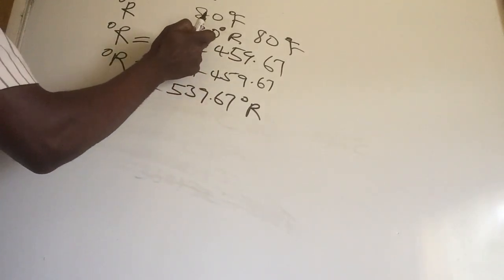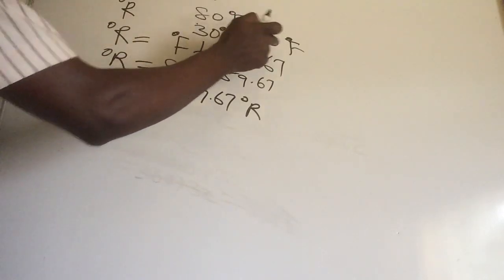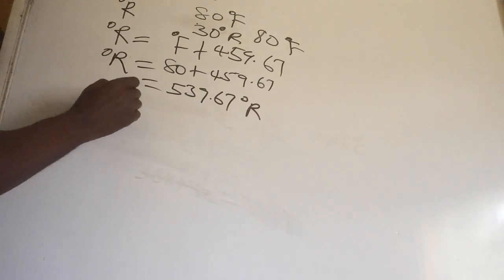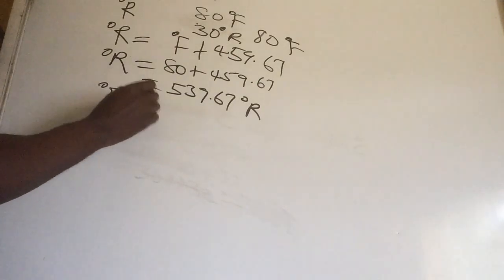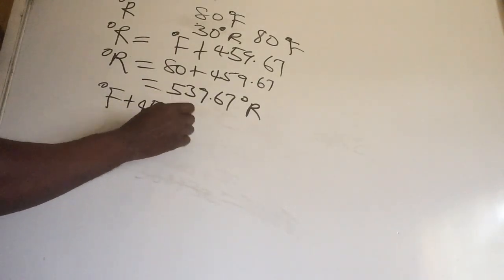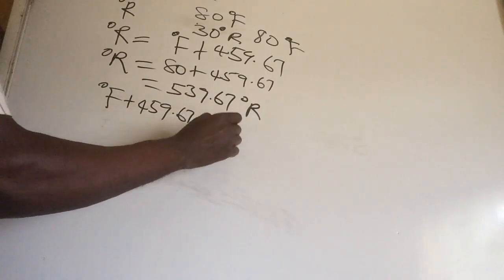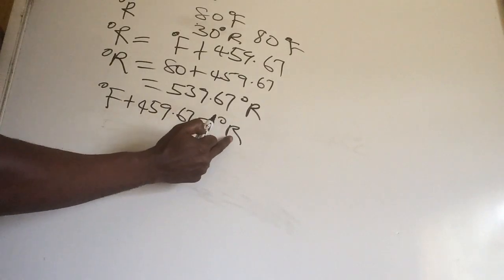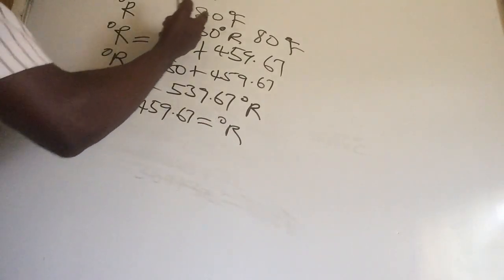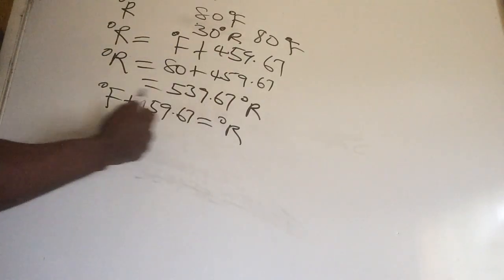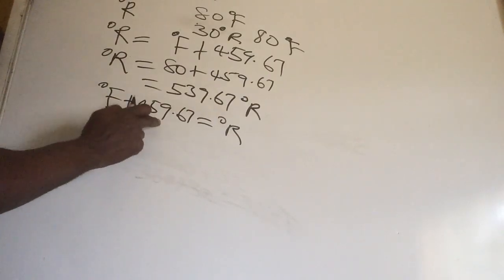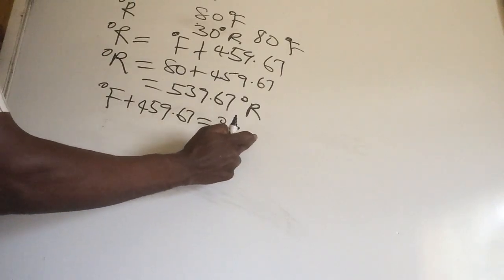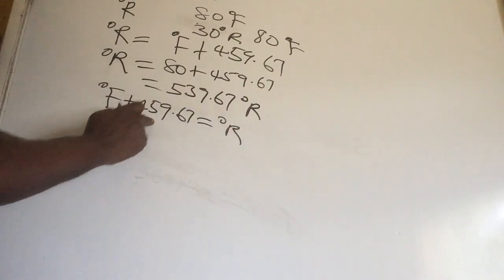Then converting 30 Rankine to Fahrenheit, we still make use of this formula: degree Fahrenheit plus 459.67 equals degree Rankine. But we have 30 Rankine. So making Fahrenheit the subject of the formula, we take this value to the other side, and the sign changes to minus.